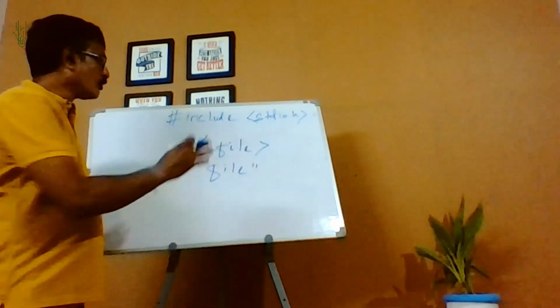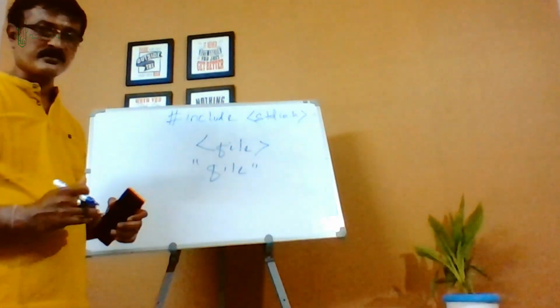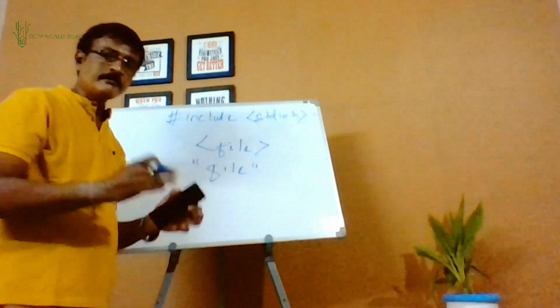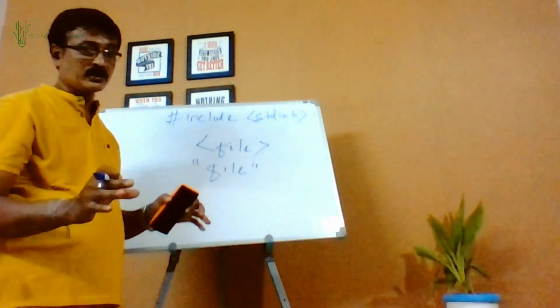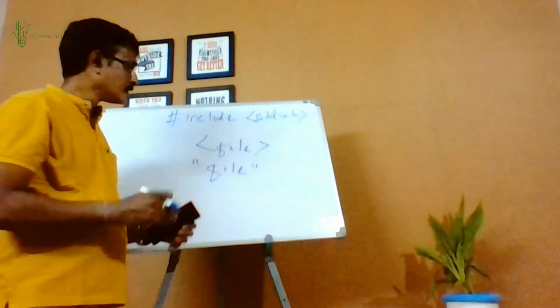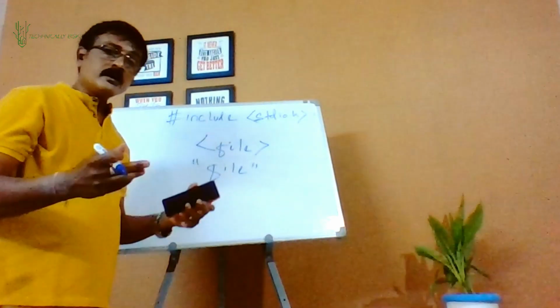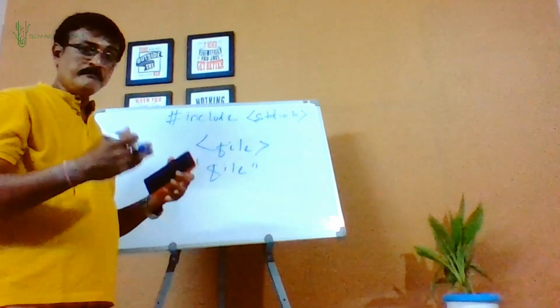It will look for this file in a path. Path means where the files exist. I'll give you a simple example of this. Many of you are familiar with Turbo C++ compiler, Turbo C compiler. You will find there is a folder called TC bin.